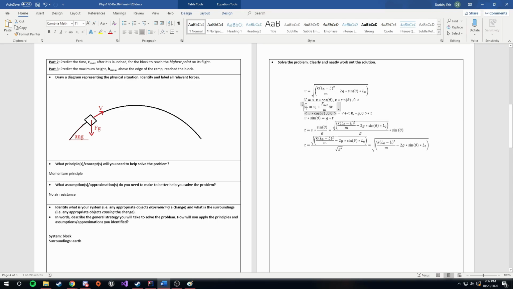I subtracted initial velocity from final velocity to get the change in velocity, and that left me with just a y component of v sine theta, and that's going to equal f net delta t. F net is just g, and I skipped a couple steps, and here we are. Okay. I got you.